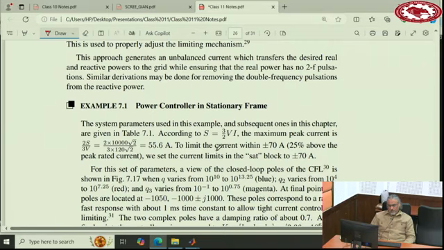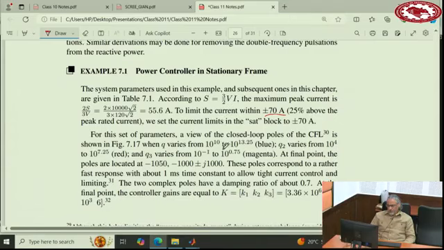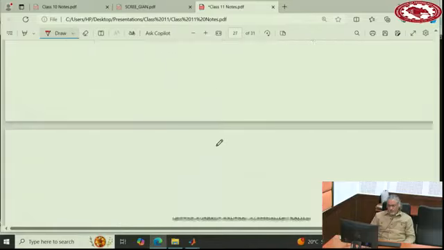So the rated current at full load condition is 55.6 amperes, but we would like to limit at plus minus 70. The design of K1, K2, K3 we have already done before.